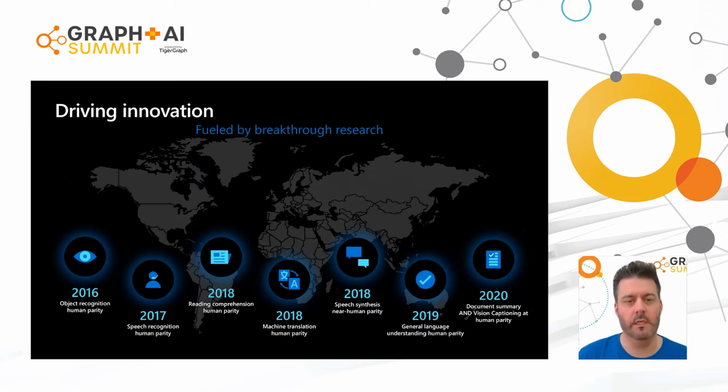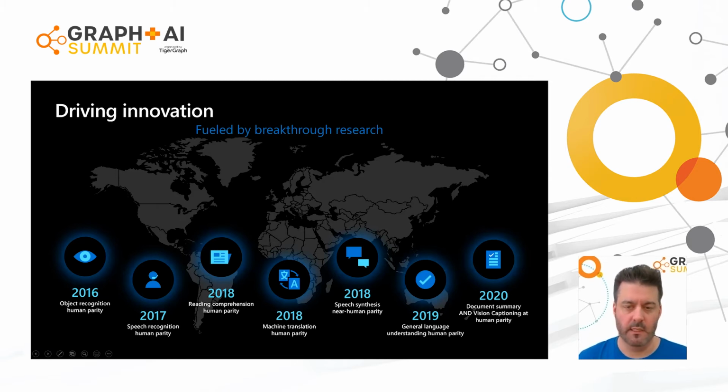All right, but now let's go to something which is probably a bit more interesting. When it comes to innovation, we are not that bad at Microsoft. We have a couple of research centers spread across the world, and from time to time, we achieve really good breakthroughs. As you can see on the slide, in 2016, we were already able to reach human parity with object recognition. Essentially, that means you give our AI a picture, and it will tell you what you can see on the picture.